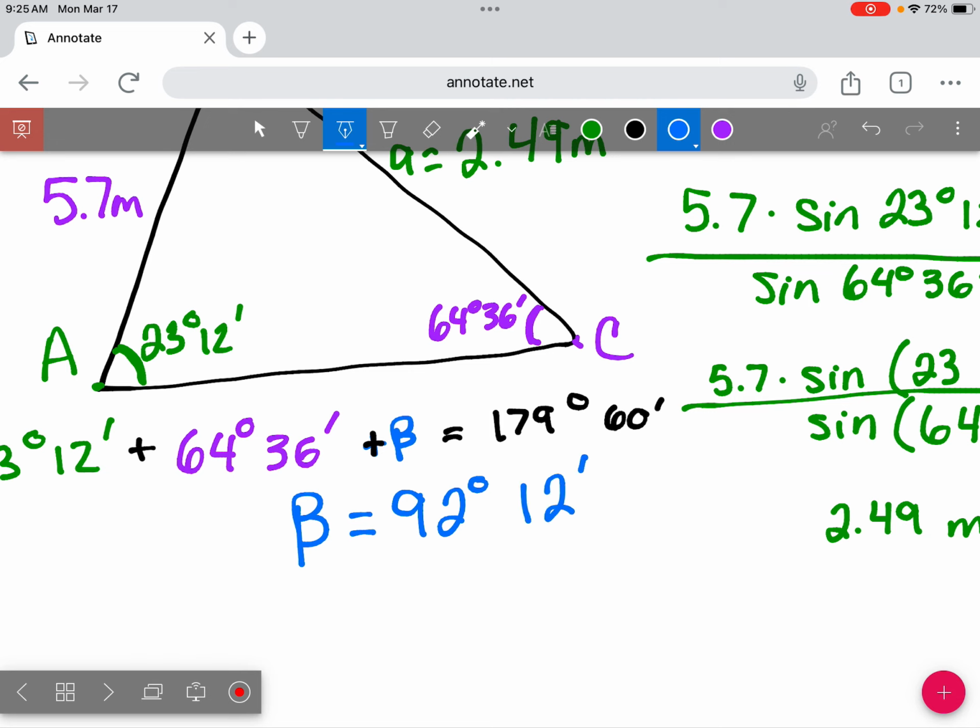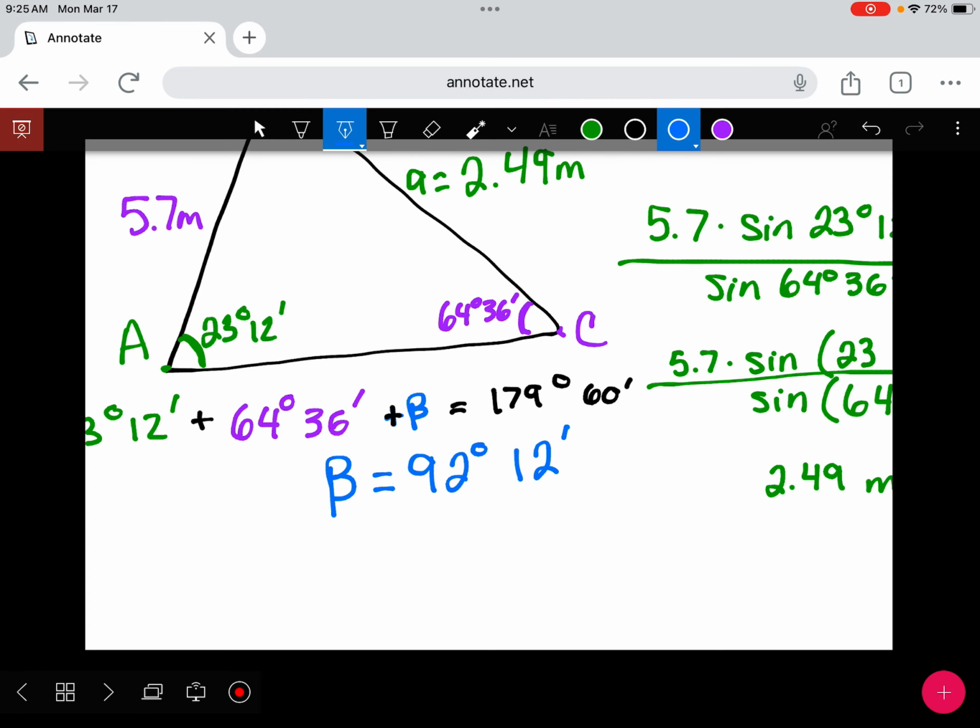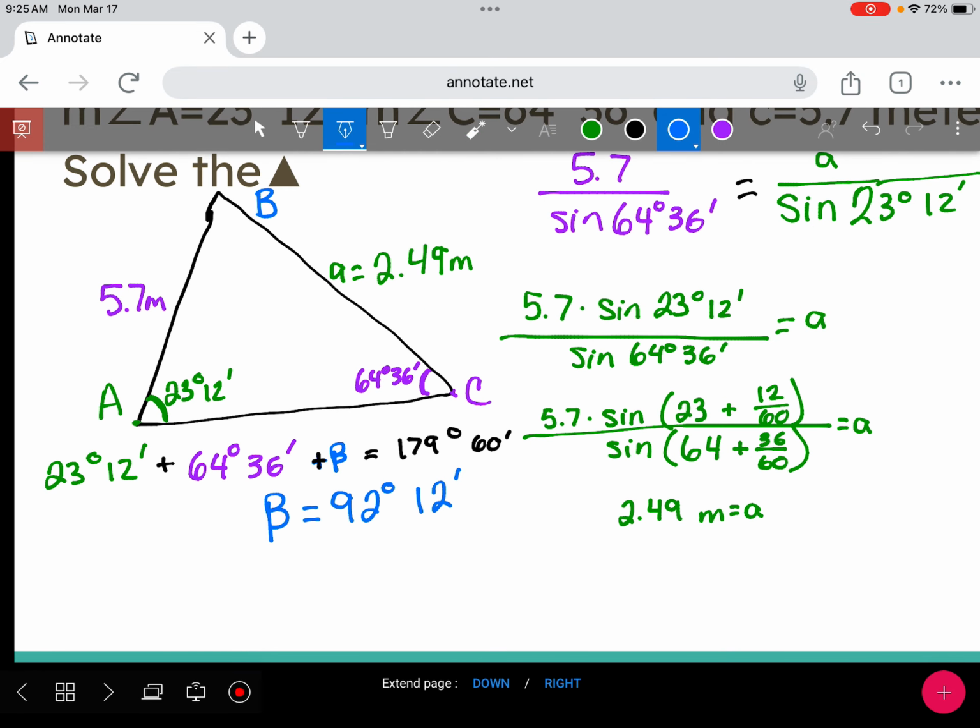Because 60 minus 36 minus 12. So angle beta is 92 degrees and 12 minutes. Same vibe as this guy over here. Find side B. Same process. Find side B.